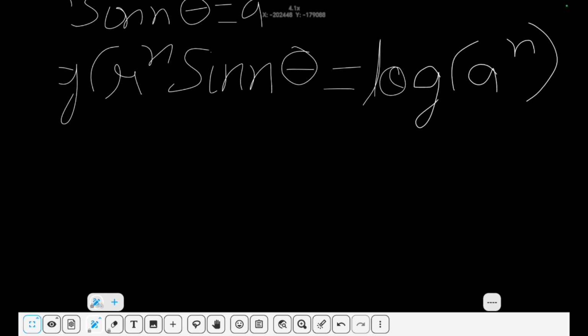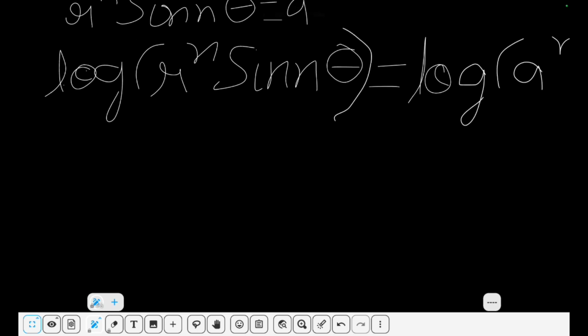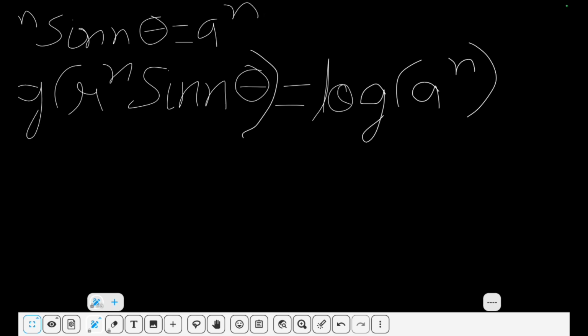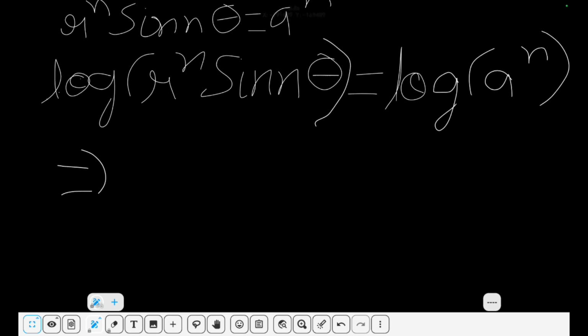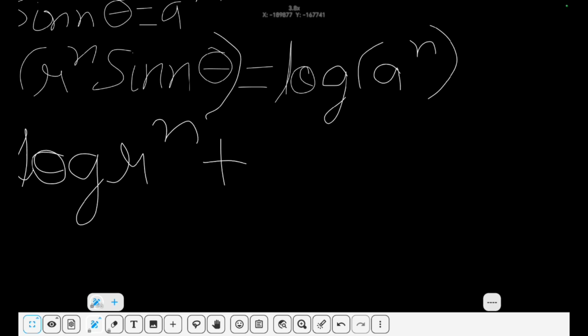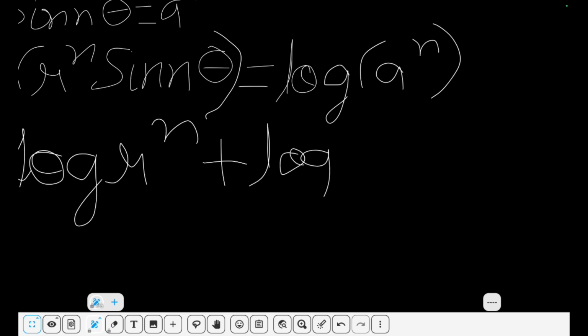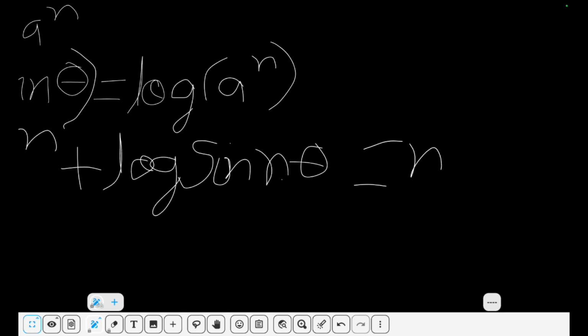We know log of a plus b is log a plus log b. Also log of x power n is n log x. Now similarly applying the same formula here, log of r power n plus log of sin n theta that equals n log a.